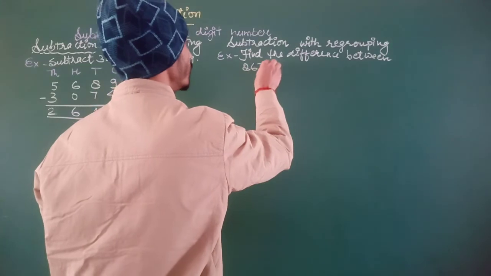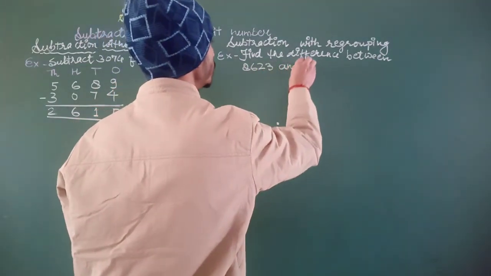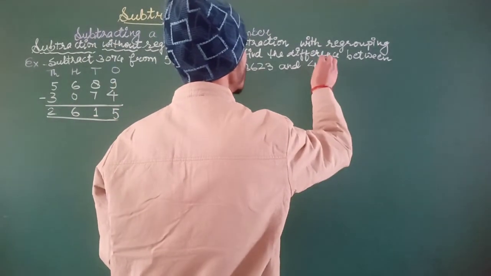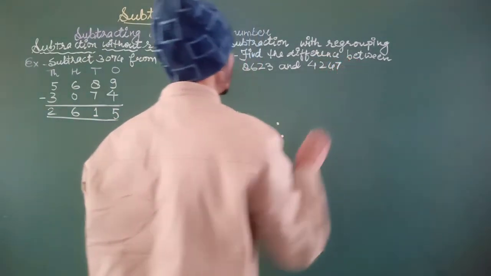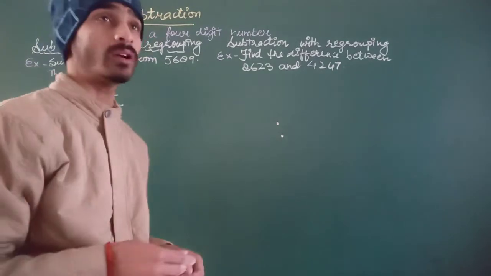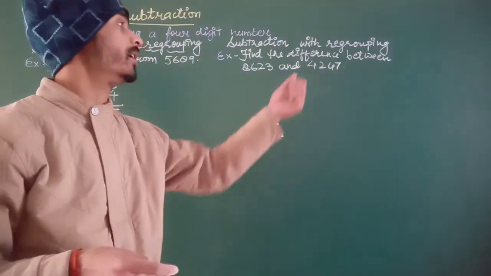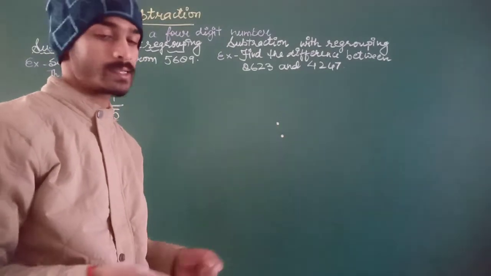8623 and 4247. In 8623 and 4247, 8623 is larger and 4247 is smaller.